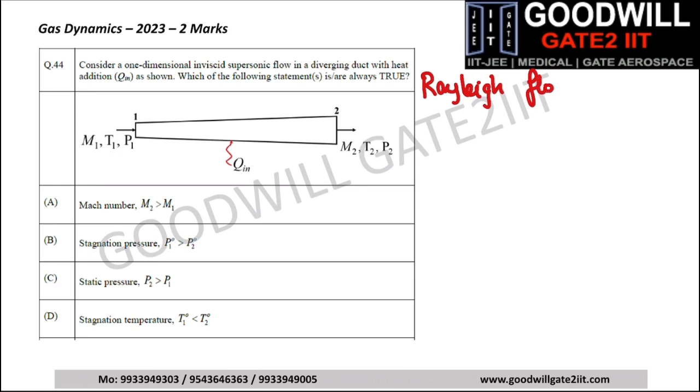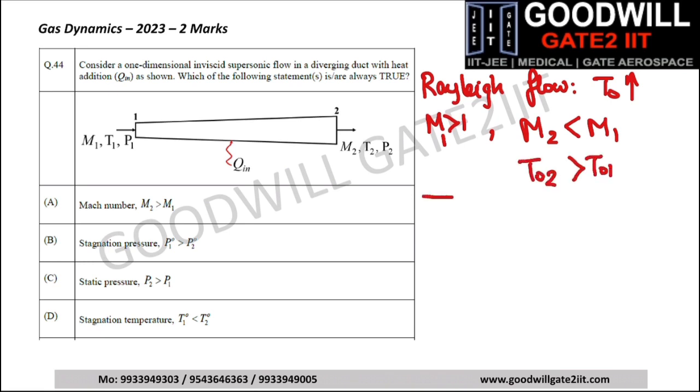So for M greater than 1 with T0 increasing, the Mach number would always decrease, that is M2 would be less than M1. Now here T02 would be greater than T01, and correspondingly P2 would be greater than P1.